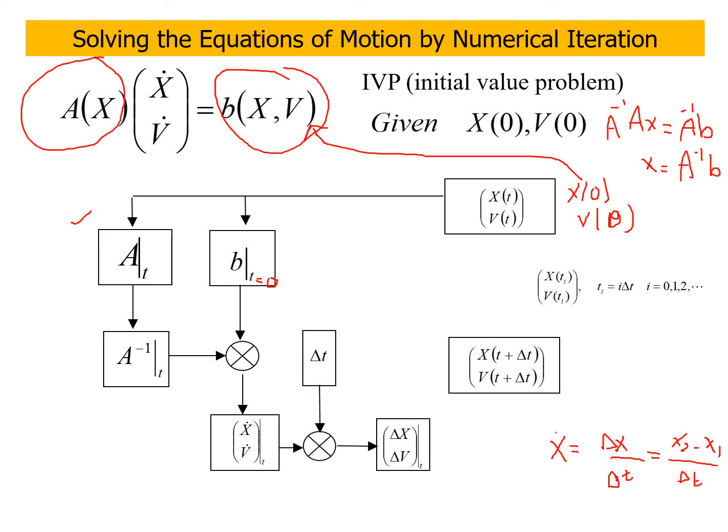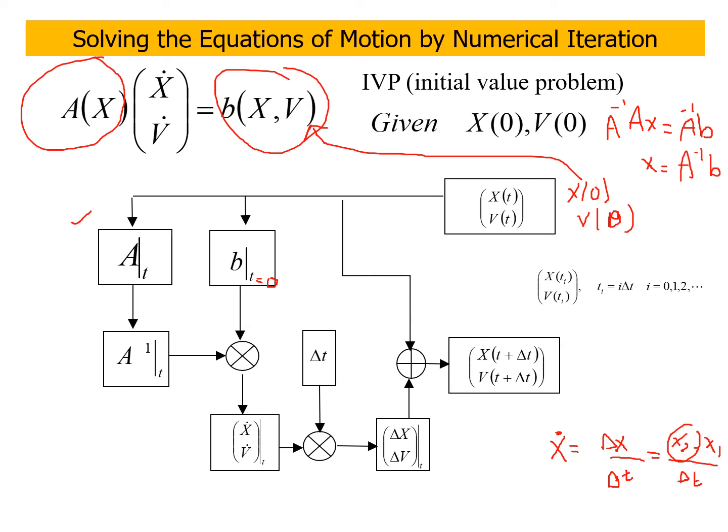If I would like to find the x2, what do you do? You multiply the derivative with delta t, and you add to it the initial value from here. And then that's going to give you the next iteration of the x or v, and that's how you solve for it.